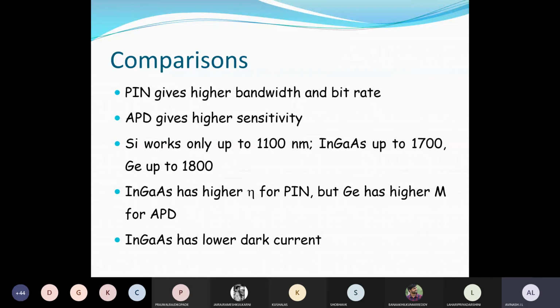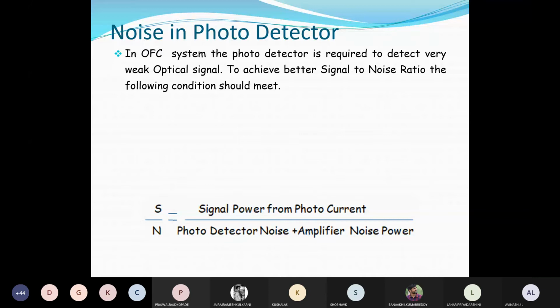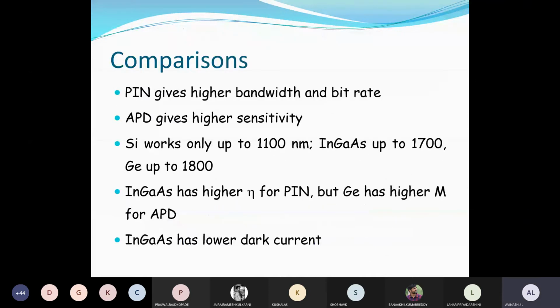So if you want to reduce the dark current, and you don't want to generate unnecessary current, obviously we can go for a semiconductor where we can see lesser dark current. So lesser dark current means what? It can be produced only in indium gallium arsenide. So that is the thing. This particular comparison is also a very important thing.